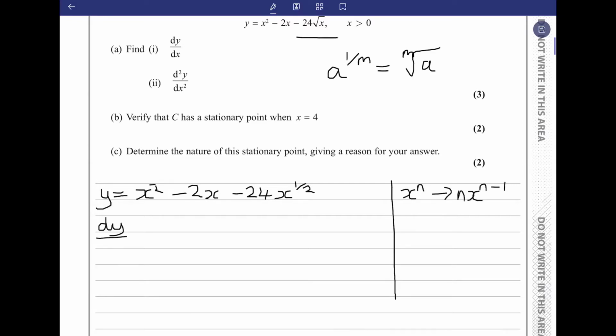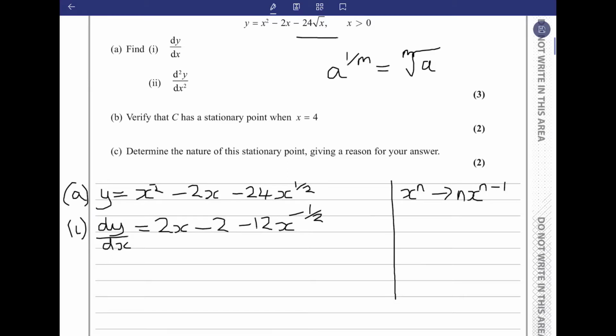And we get dy by dx equals 2x minus 2. And then for this last term, we do 24 times a half, which is 12, and it's still a minus. And then we take 1 away from the power. A half minus 1 is minus a half. So that's our part I for A.